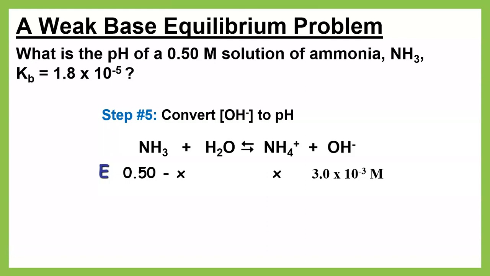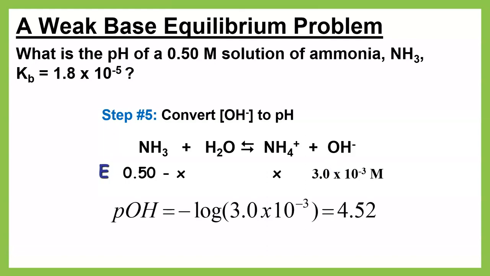Now, a lot of times people are like, whoa, it's the exact same numbers. It's the same thing. The pH is 4.52. No, it's not. No, it isn't. This was the pOH. This was not the concentration of H+. This was the concentration of hydroxide.